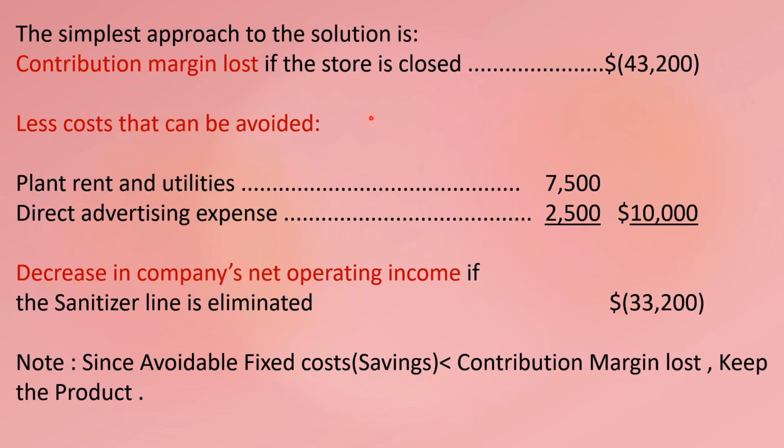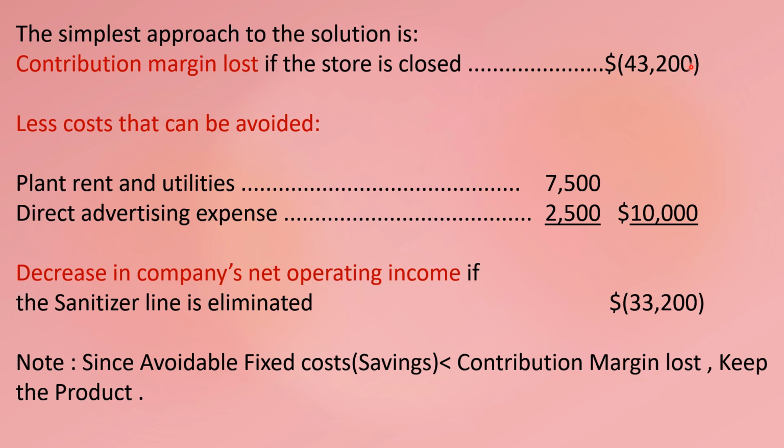Okay, now the simplest approach to any add, keep or drop decision for a particular segment is, first, you find out the contribution margin lost. Now in this question, the contribution margin lost is 43,200, less costs that can be avoided.